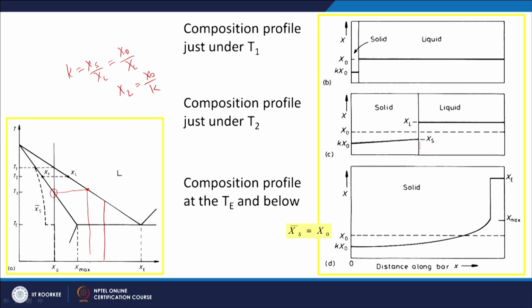If my solute content is this, then the melting point is lower. If the solute content is this, then my melting point will be this. So, the melting point of my alloy keeps changing with the solute content in the liquid. That much we can understand from this graph: if my solute content is more, the melting point will be lower. As I go toward the pure material, my melting point will keep on increasing. So, this is the effect of the solute content on the melting point.